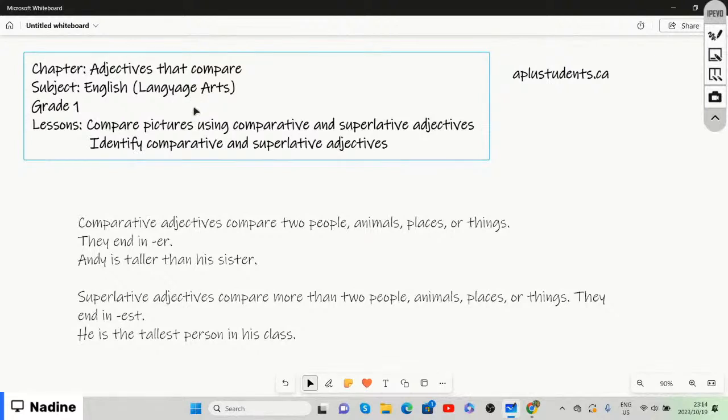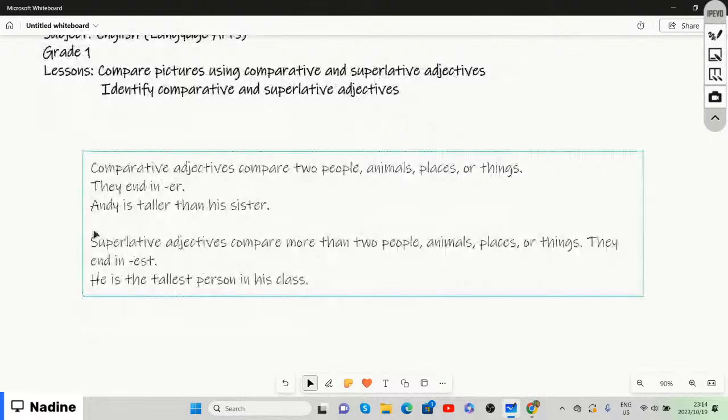Subject is English language arts, grade 1, and the lessons are to compare pictures using comparative and superlative adjectives and to identify comparative and superlative adjectives.